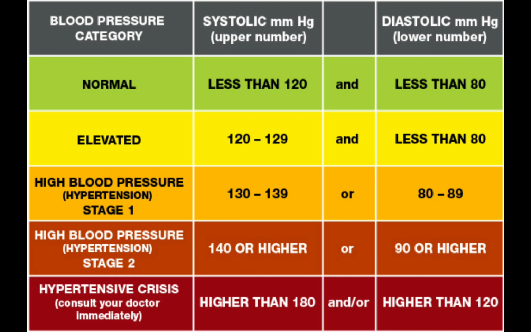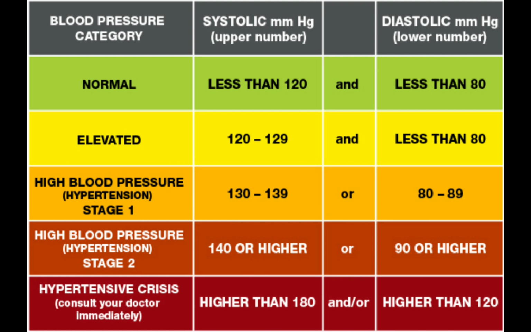The normal range for systolic blood pressure is from 90 to 120 millimeters of mercury, and the normal range for diastolic blood pressure is 60 to 80 millimeters of mercury. We call it elevated blood pressure when the systolic blood pressure is 120 to 129 millimeters of mercury and the diastolic blood pressure is less than 80.